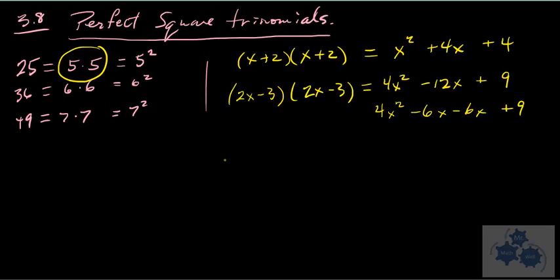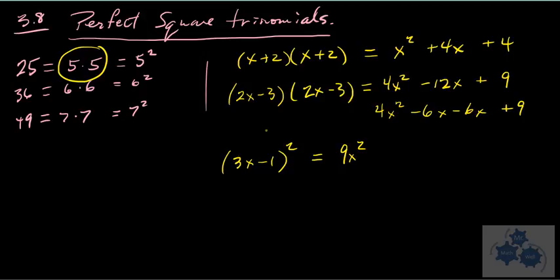So let's just do one more, okay? Let's do 3x minus 1 squared. Now, this is going to be a little bit trickier for you to do in your head, but I want you to try it with me, okay? Let's not expand it, and let's see if we can do this in our head. So the result is going to be 3x times 3x. It's going to be 9x squared.